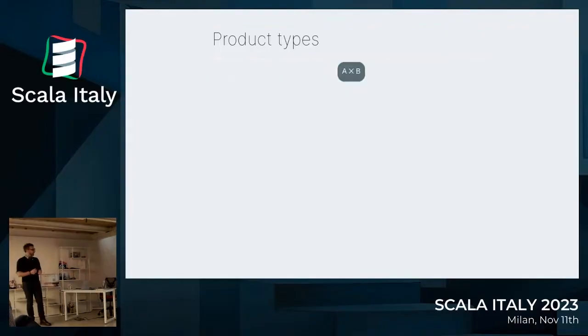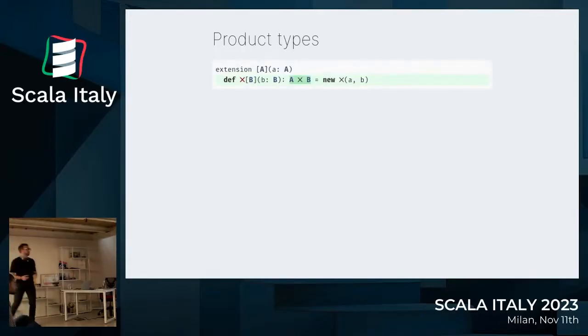Right. So what's the cardinality of an A times B? Well, that's what I'm doing here, isn't it? This extension method allows me to write A times B and that's going to yield an A times B. So this slide is exactly about doing it to the values as well.